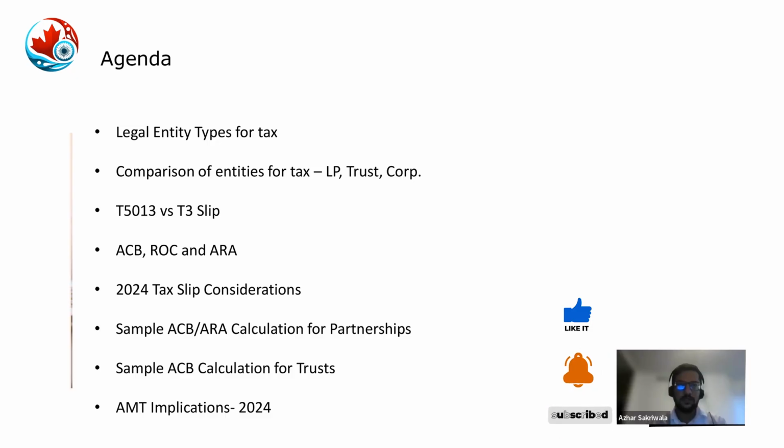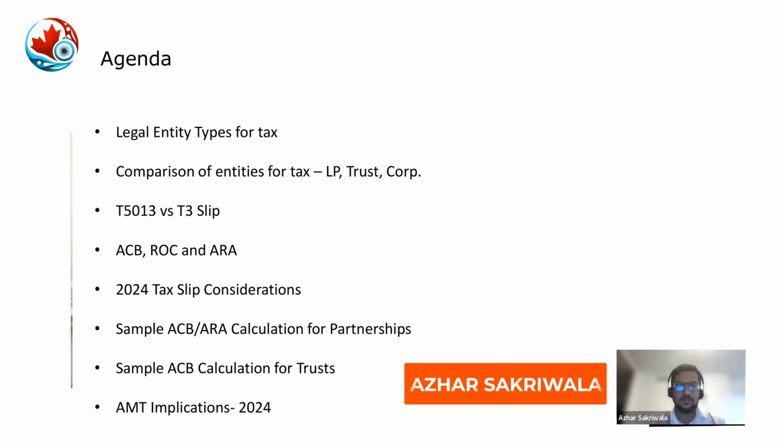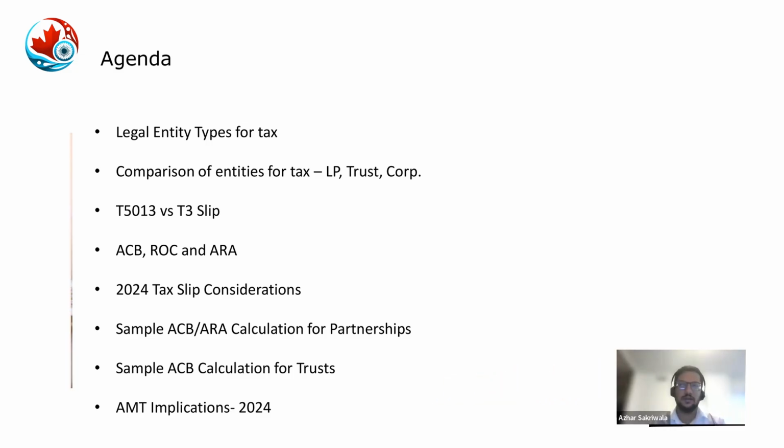So going forward to the agenda, we would be touching base on the different types of legal entity, the comparison for what's the difference between partnership, trust, corporation, breakouts between T5013 and T3 slips, what is the adjusted cost base, return of capital, at-risk amount, which are the technical concepts in terms of determining the cost of your investments in a partnership or trust.